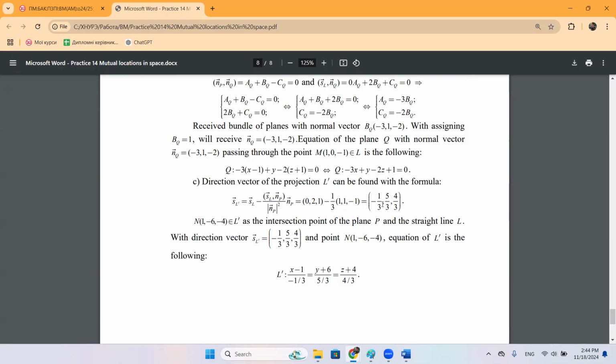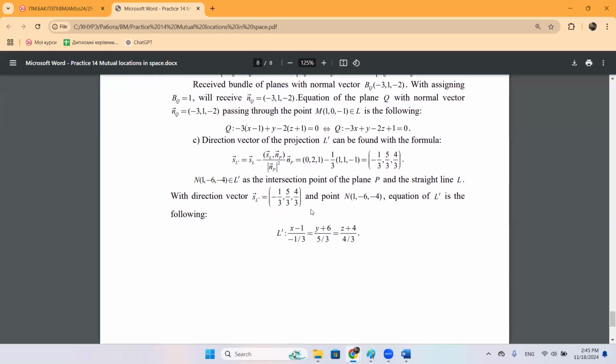We also need a point that lies on the plane P. We already found point N, the intersection, and with the coordinates of the direction vector and the point that lies on the projection, we have the following equation.